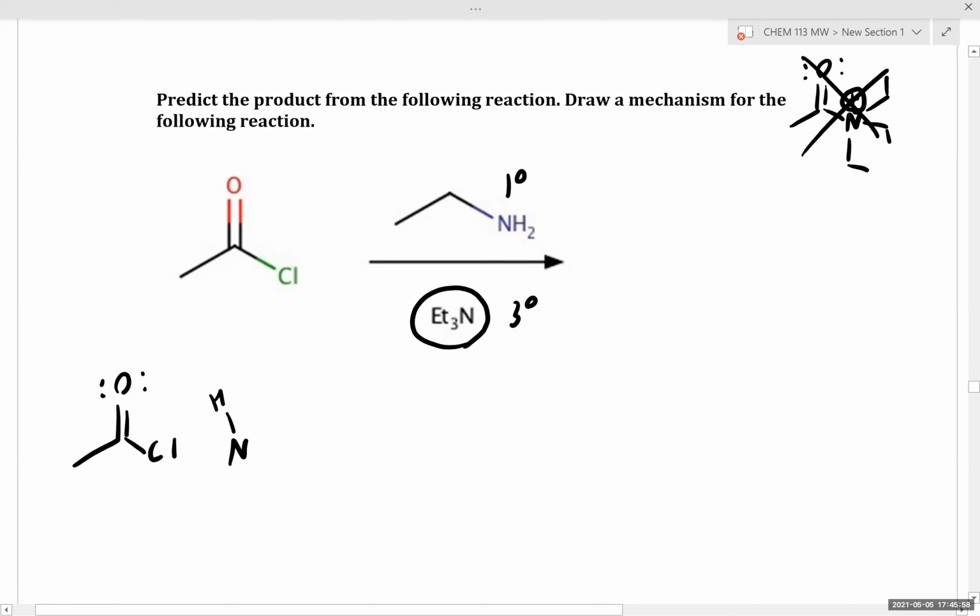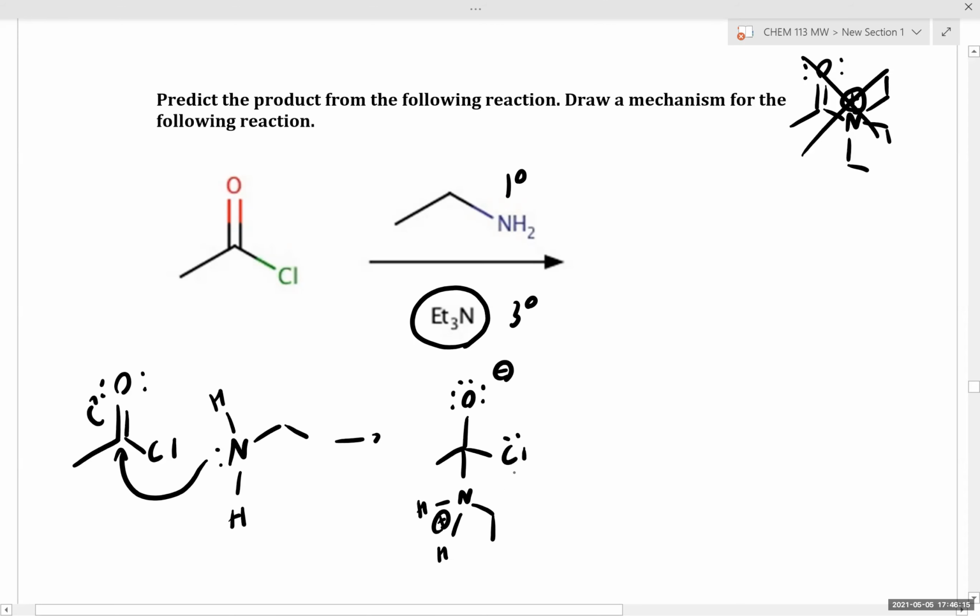So the first step in this mechanism is a nucleophilic attack on our electrophilic carbonyl carbon. From here, we get a tetrahedral intermediate. That in turn will collapse to kick out our great leaving group, which is chloride.